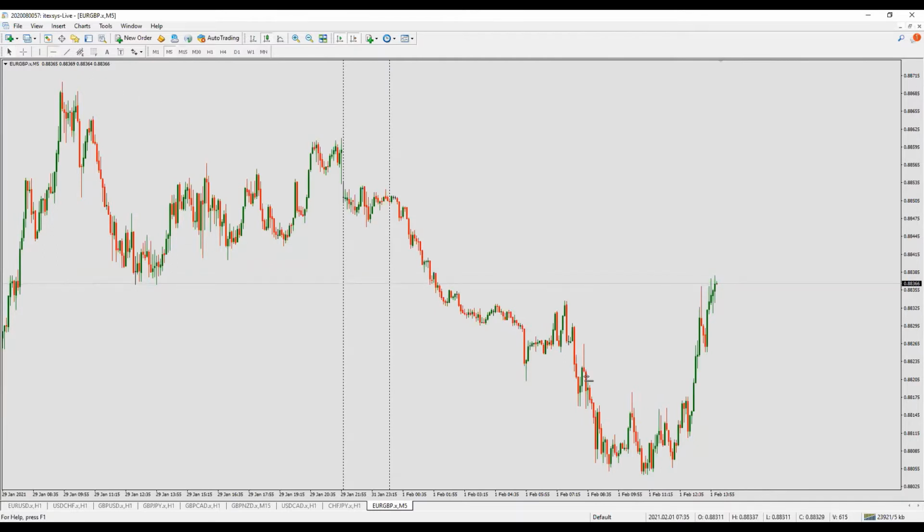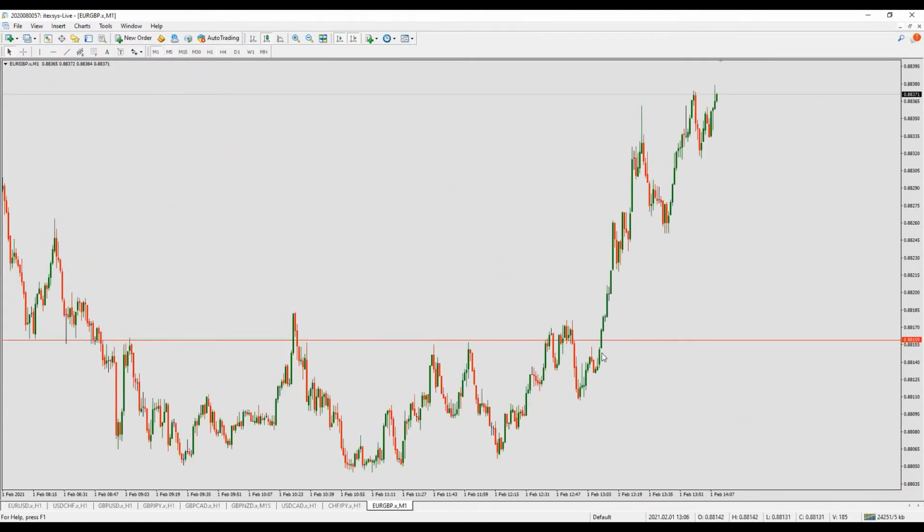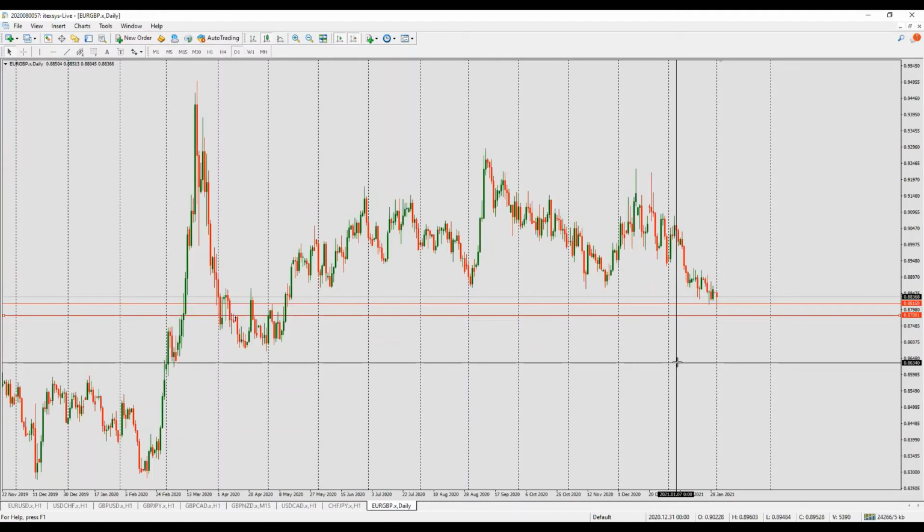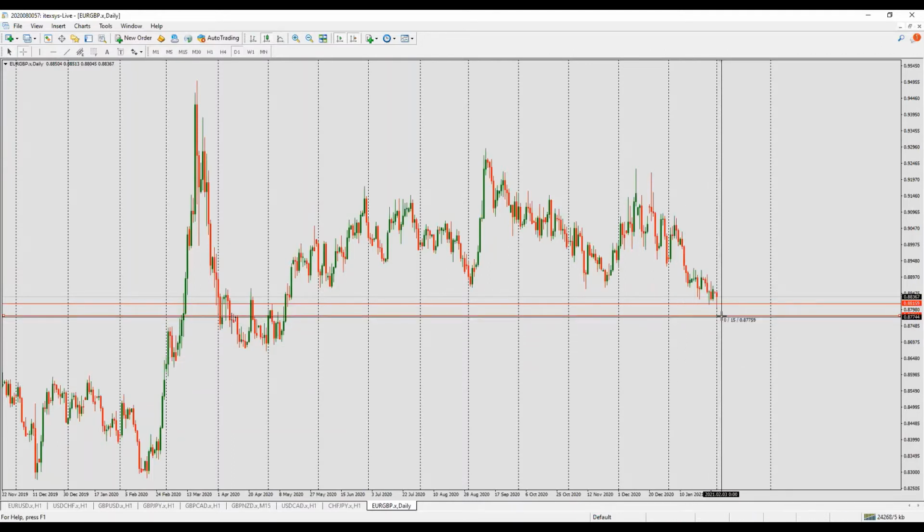Also the same for this level here below. If the price goes back to this level here below, this is the 1-minute chart, I will consider to buy here as a scalper or short-term trader. And go back to the daily. That's the only thing that might be interesting for now. The rest is too far away.